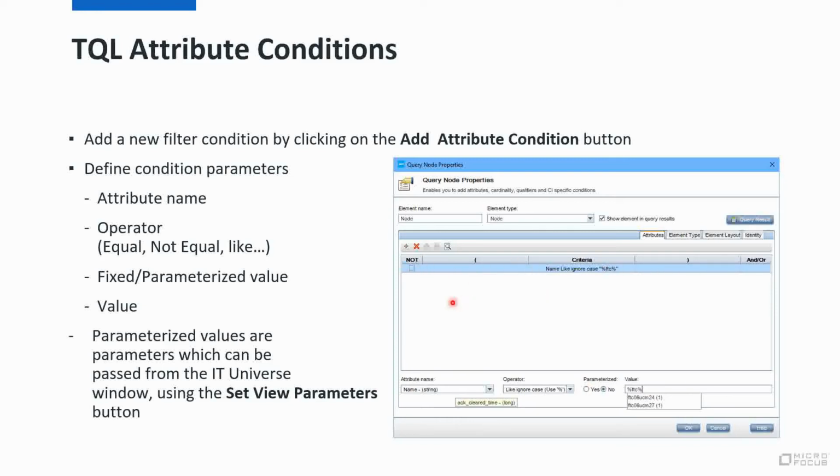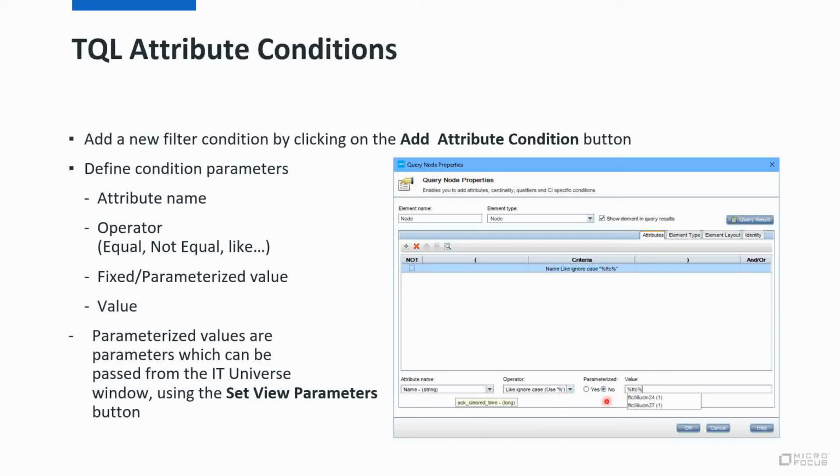If I wanted to add a second row, I can click the add button again and so on for a third row. So you put an attribute name here. This is from a drop-down list, in this case, name. Your operators are things like equal, not equal, greater than, like ignore case, etc. In this case, like ignore case, which allows me to use a wildcard.